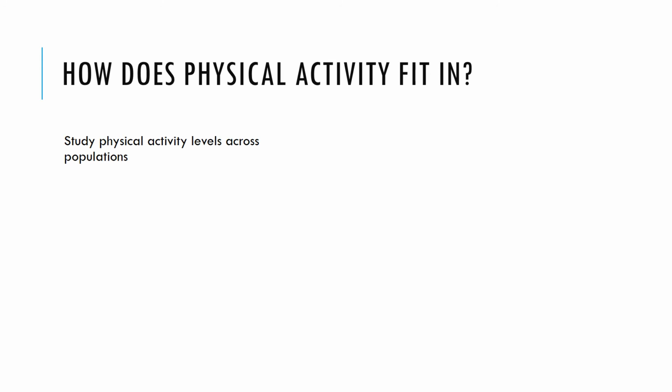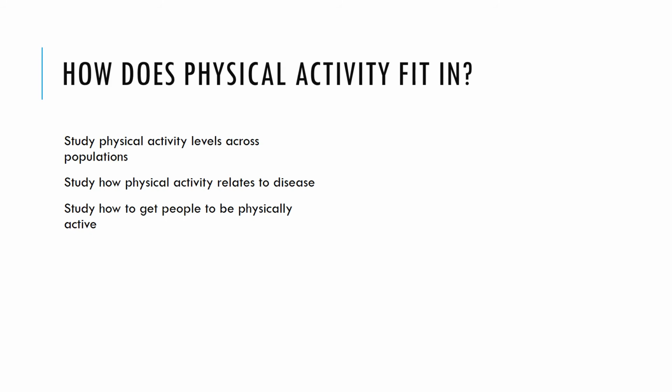We'll talk about elderly, pregnant women, individuals with disabilities, and so forth. And how we can describe physical activity levels in populations and how we can figure out how physical activity relates to disease. And then, of course, the step that's the most challenging is study how we get people to be physically active.